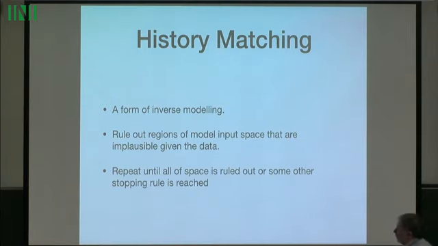And we do this by running our computer model, comparing it with the data, and ruling out space, and then within the region that we haven't ruled out, which is often called NROI space, not ruled out yet, we do some more runs and we shrink down the space until we get a very small space, which might actually be 0. We might rule out all space, or we get a space that doesn't shrink anymore and we say, well, we've finished.